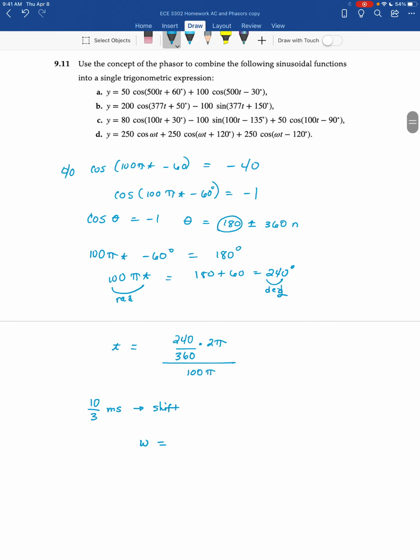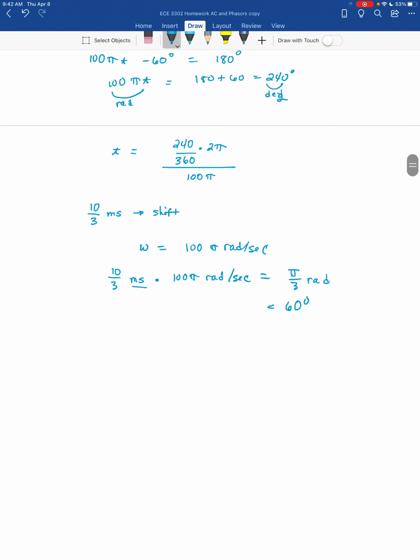Omega is, let's go back up, it is 100 pi radians per second. So a 10/3 millisecond shift times 100 pi radians per second gives you, if you do some simplification on the milliseconds, it should give you pi over 3 radians, which is, pi over 3 is 60 degrees.